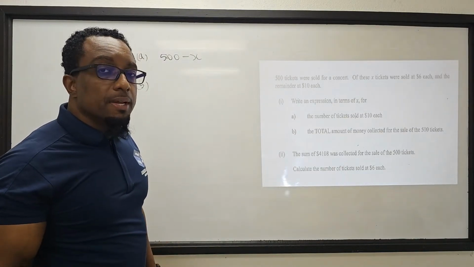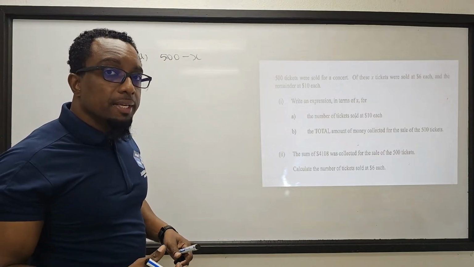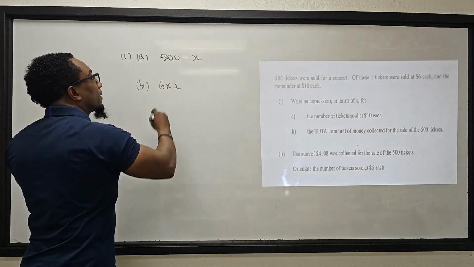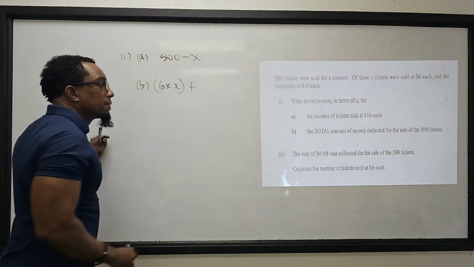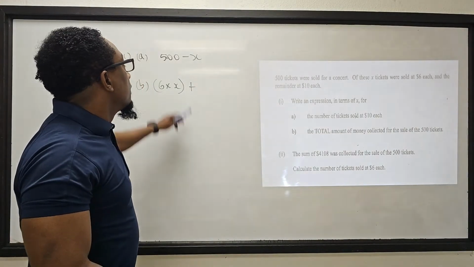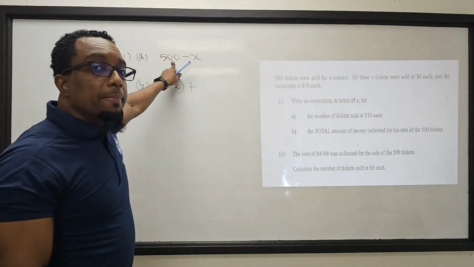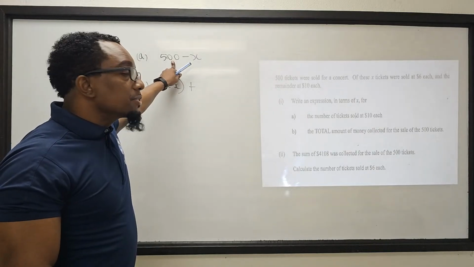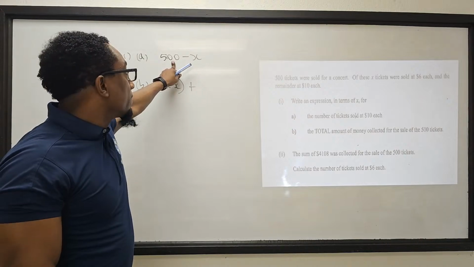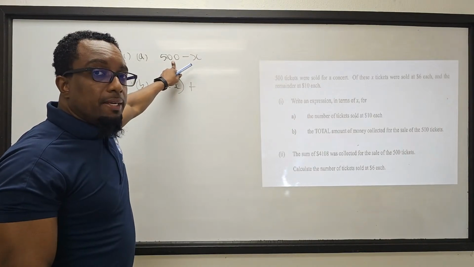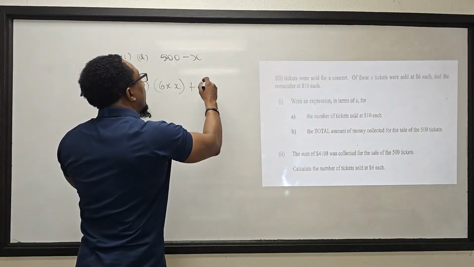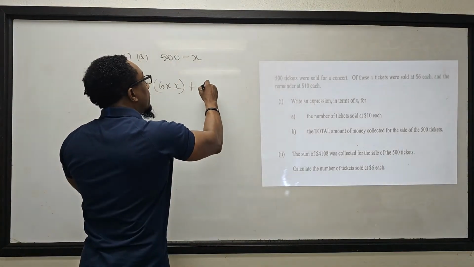So the cost of the x tickets will be x multiplied by 6, plus, 500 minus x will be the remaining tickets, and the cost of each of the remaining tickets is $10. So to find the cost of the remaining tickets, you multiply 500 minus x by 10.